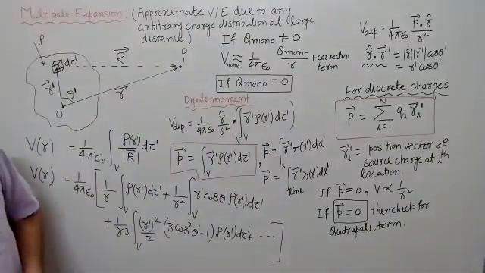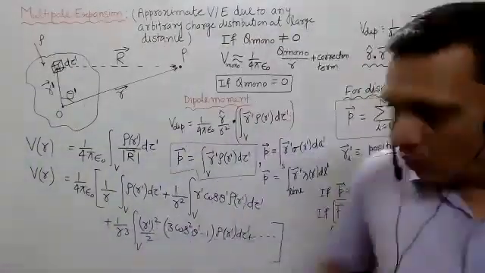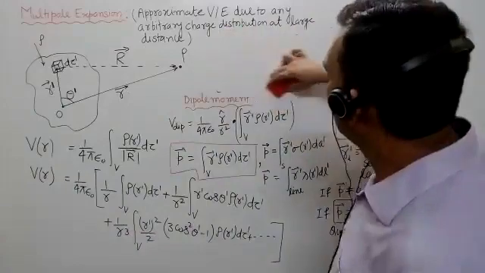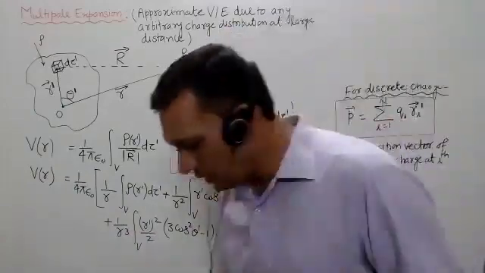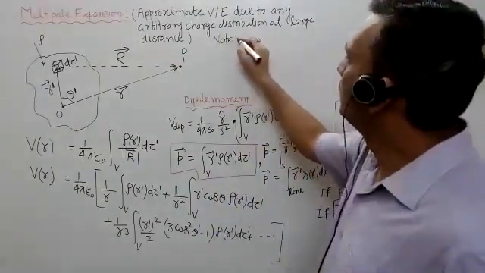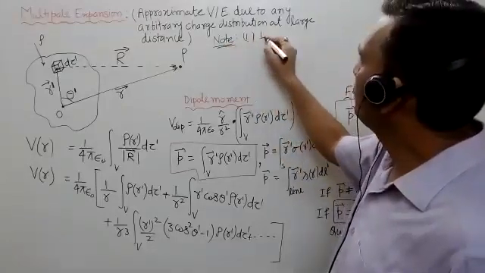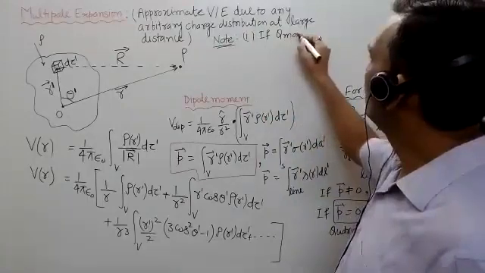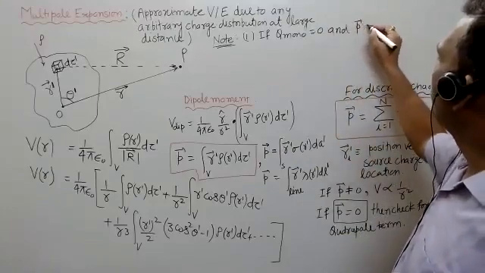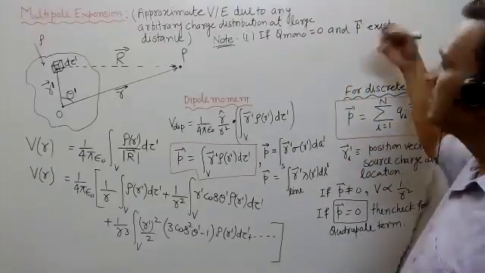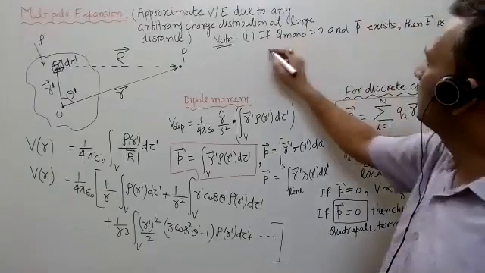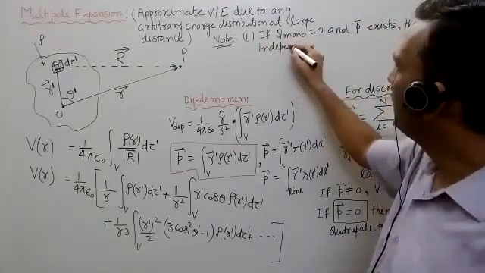Now, let us note, in this case, if you have to find the dipole moment, point number 1: if Q mono is 0 and P exists, meaning the dipole moment exists, then P is independent of origin.